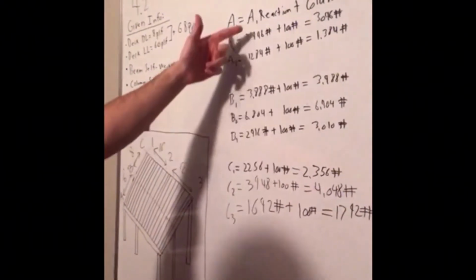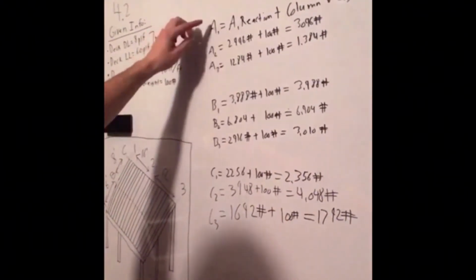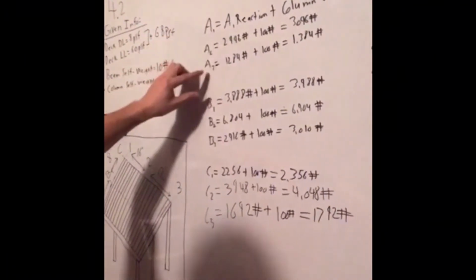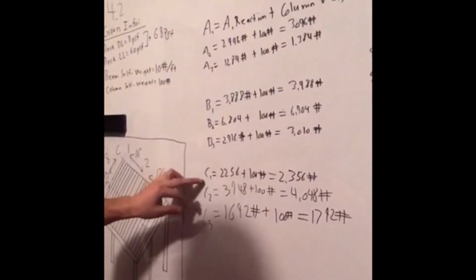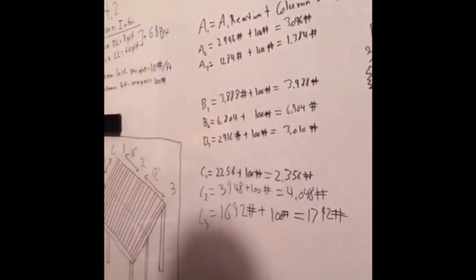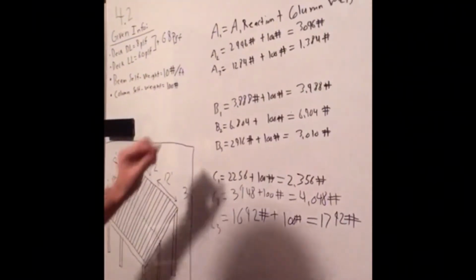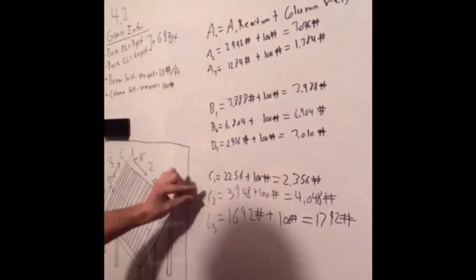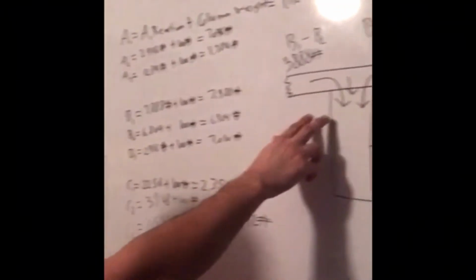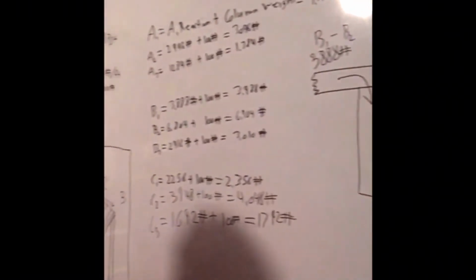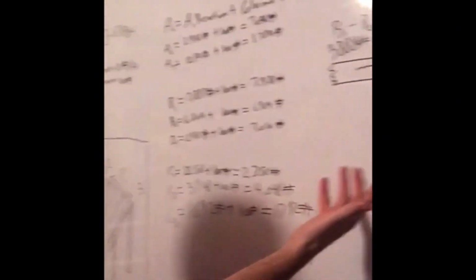So basically that's what I did here. I went through each one of them on A1, A3, B1, B3, and C1, C3, and I added my 100 pounds to it. And the only variation to this is for A2, B2, and C2. You have to keep in mind that since those columns are in between those two, they're actually supporting both.